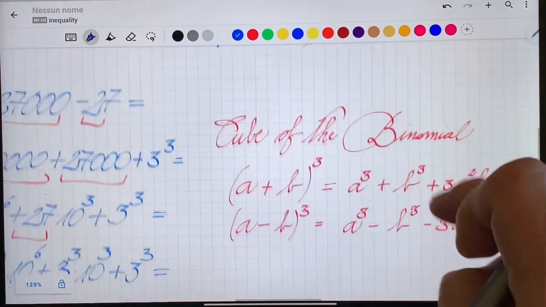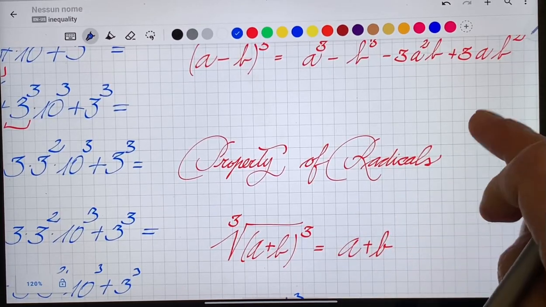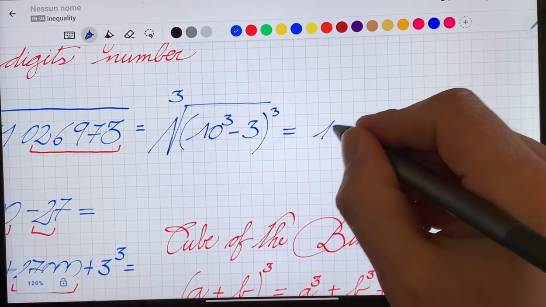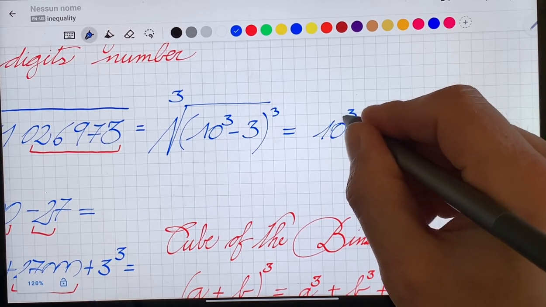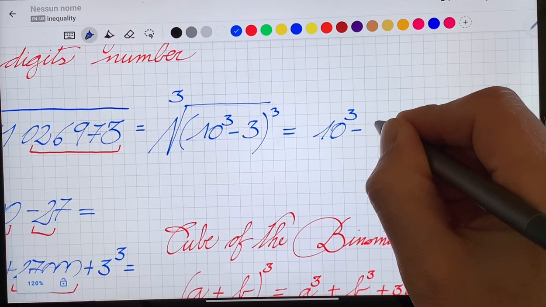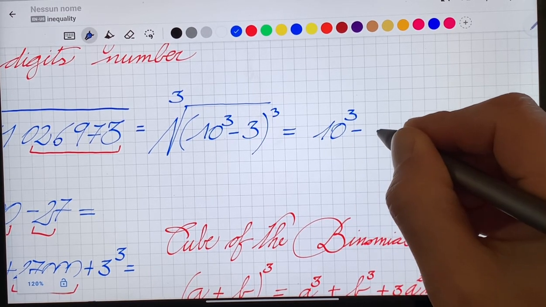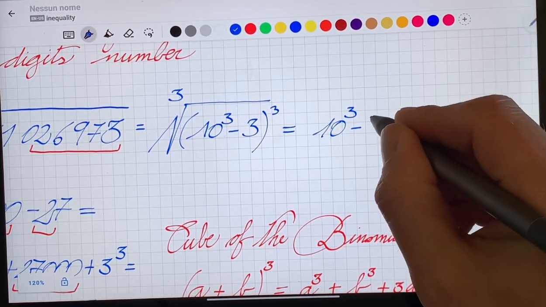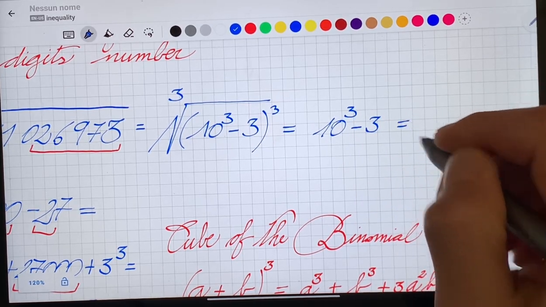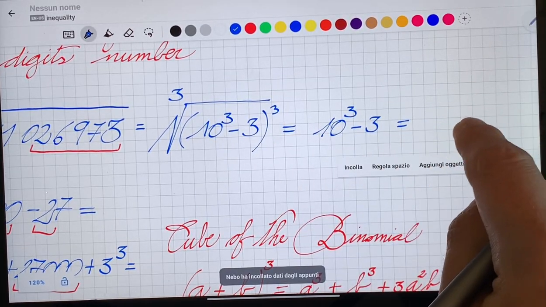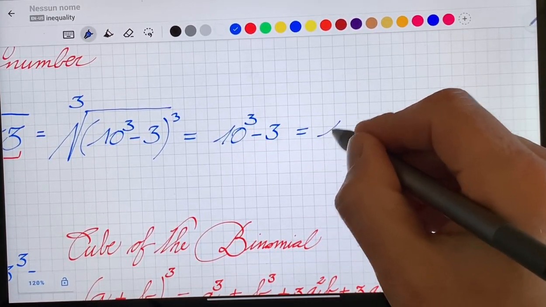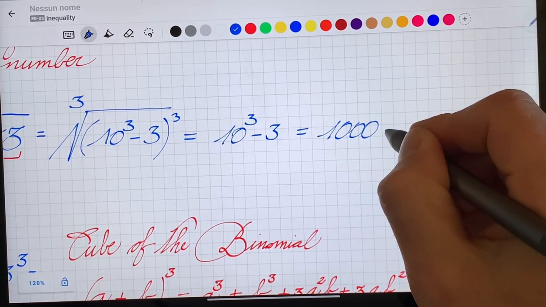And then, if we apply the property of radicals, in our case there is minus, so we have 10 to the power of 3 minus 3. 10 to the power of 3 is 1000, so it's 1000 minus 3.